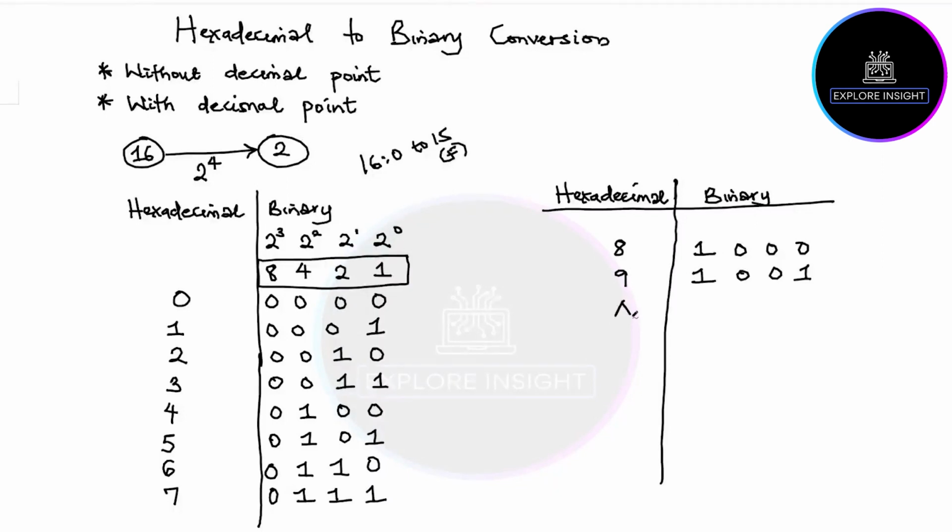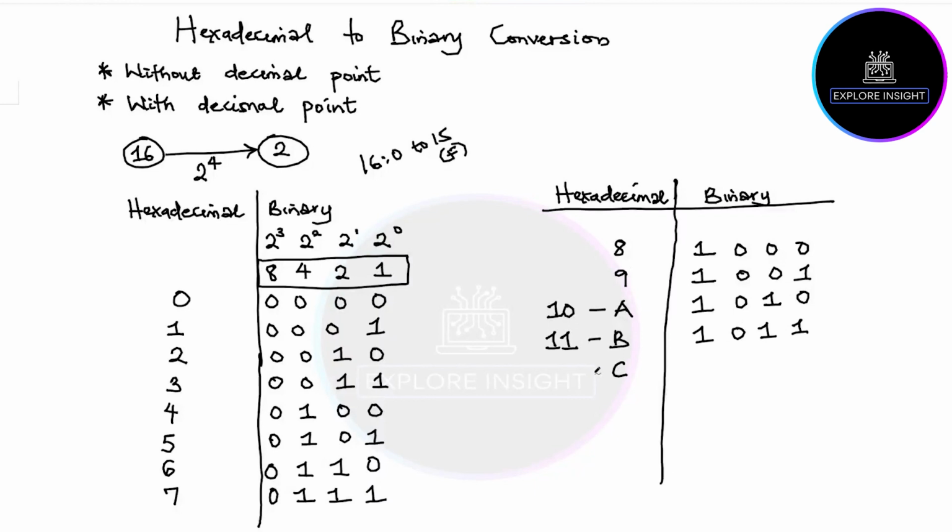What about A, which represents 10? We'll have a summation of 8 and 2, which is 10, so we'll have 1, 0, 1, 0. And for B, representing 11, we will have a summation of 8 plus 2 and 1, so that will be 1, 0, 1, 1.